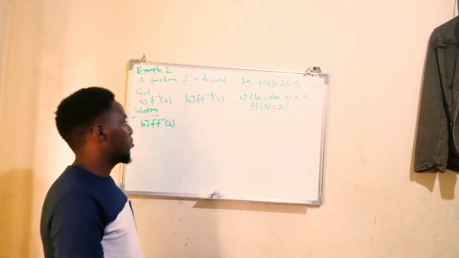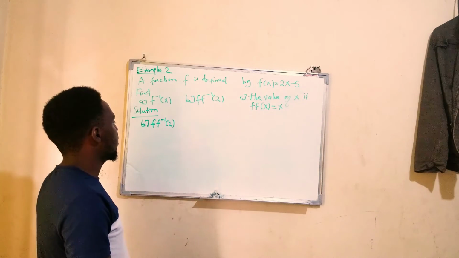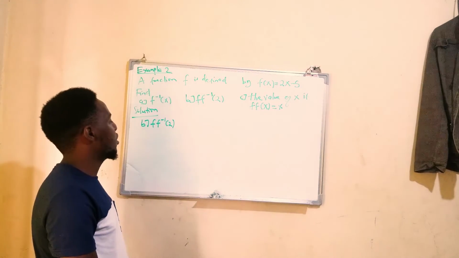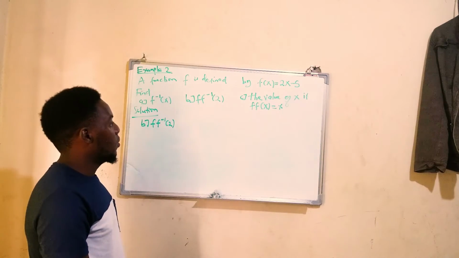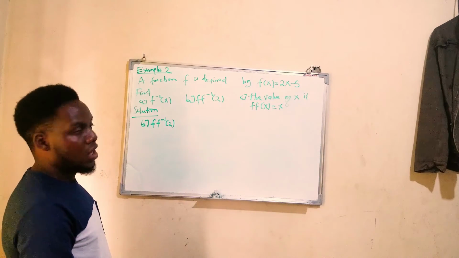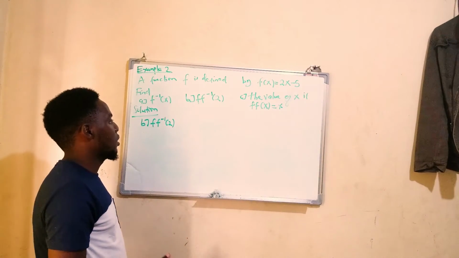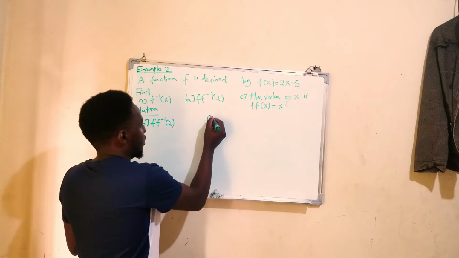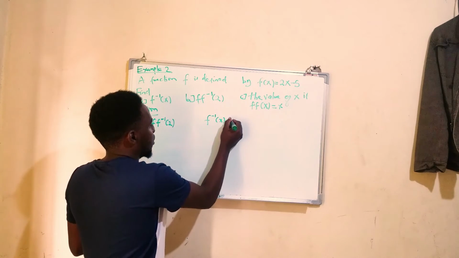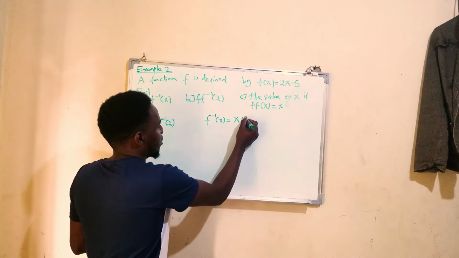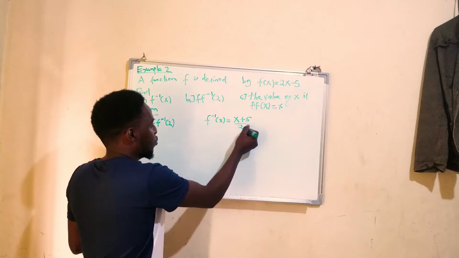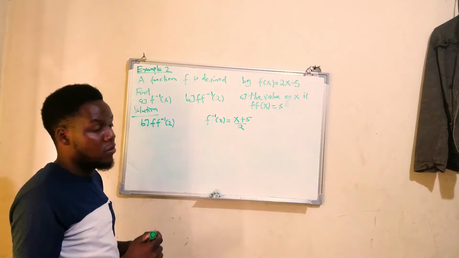Okay, so now question B is asking us to find f of f inverse of 2. Now, if you go back to question A, you realize that we found f inverse of x, and f inverse of x was actually x plus 5 over 2.